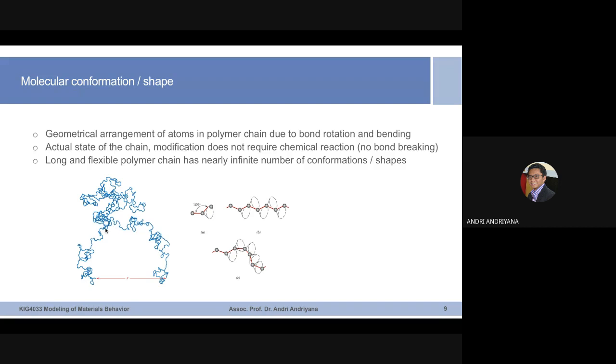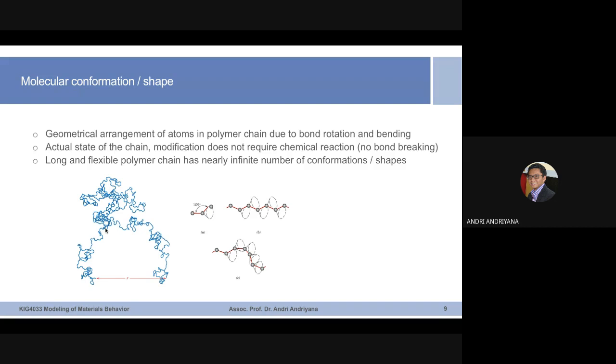So if you want to change the shape, you don't need chemical reactions. You don't need to break the covalent bonding in the polymeric backbone, unlike in the case of molecular configuration, when we need to cut, when we need to break the atomic bonding in the polymeric backbone.